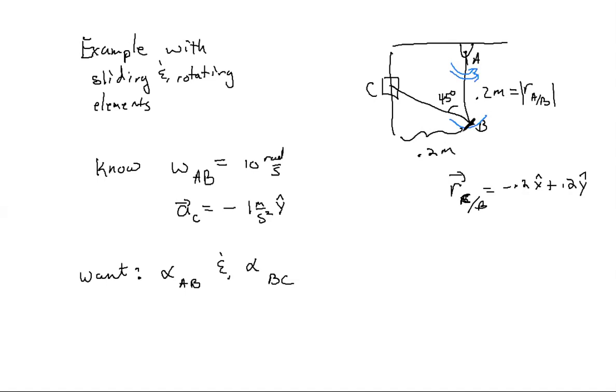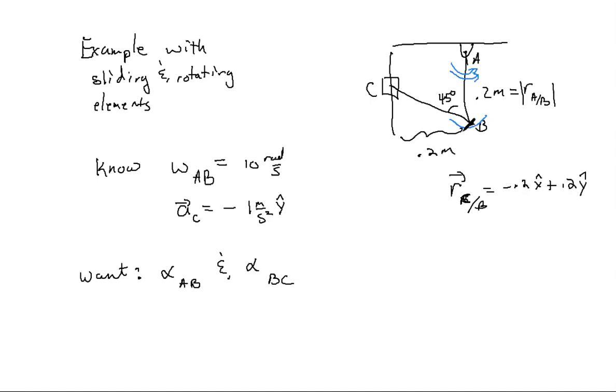In particular, we know that at the instant in the image, B is only moving in the x direction because it's at the bottom of its arc. All right, so we know a little bit about point B, and we want to find everything else about point B. So we want to find an expression for the velocity at point B, and then an expression for the acceleration for point B.